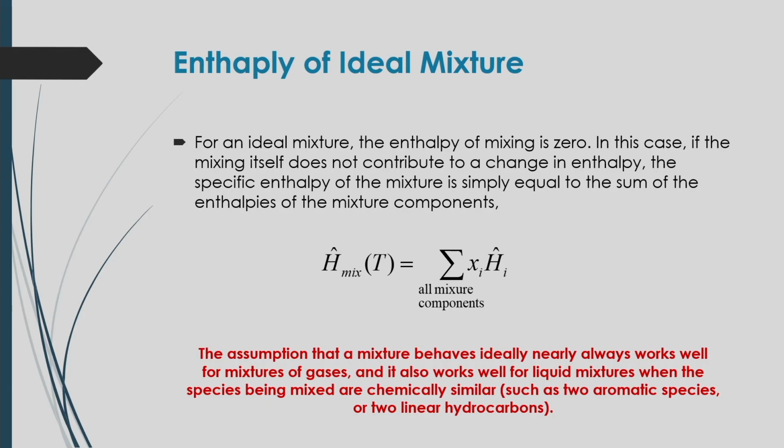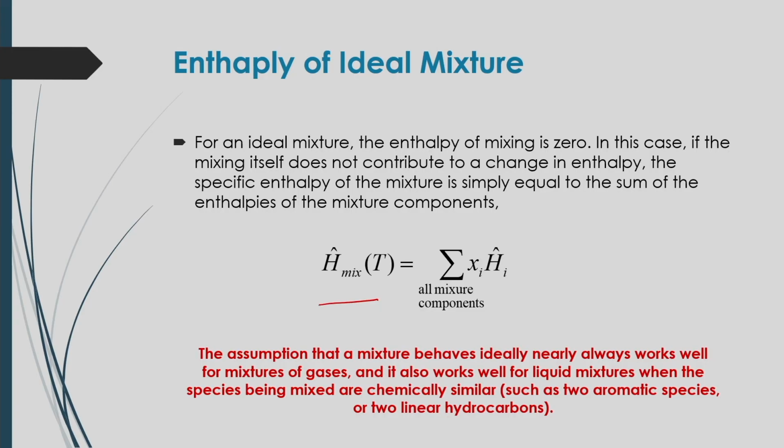You have to remember that for an ideal mixture the enthalpy of mixing will be 0. In this case, if the mixing itself does not contribute to a change in enthalpy, the specific enthalpy of the mixture is simply equal to the sum of the enthalpies of the mixture components. But the condition is that the mixing itself does not contribute to a change in the enthalpy.